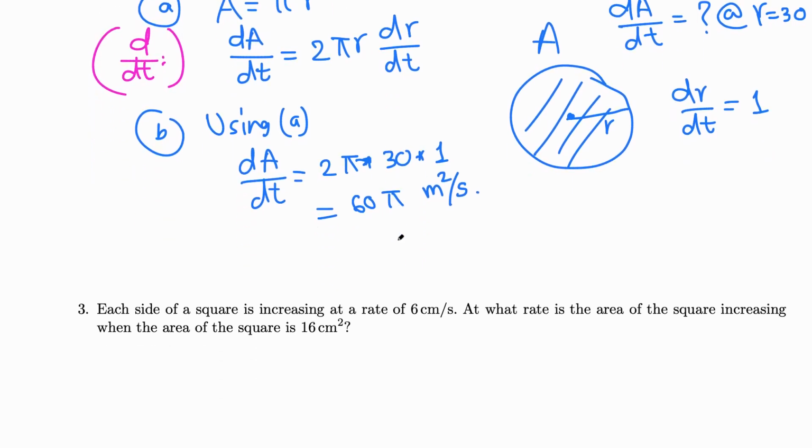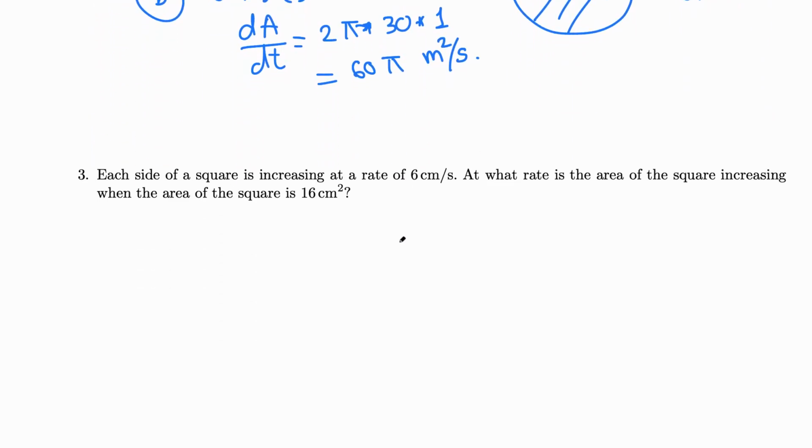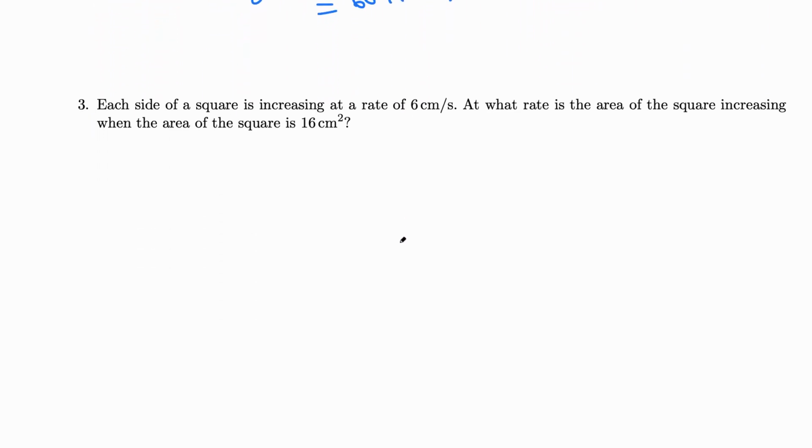Okay, let's move to number 3. Each side of a square is increasing. So we have a square and no variable is assigned, so we can say x, since all sides are equal in a square.